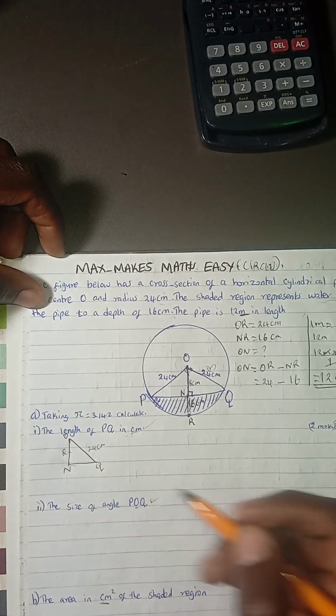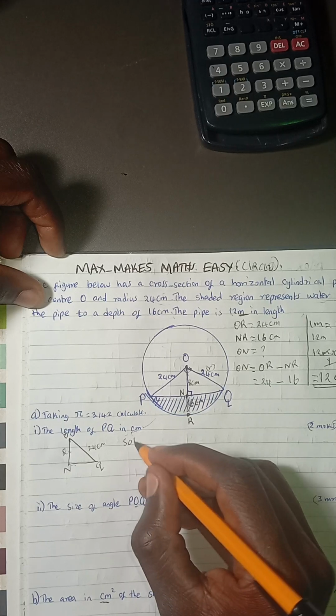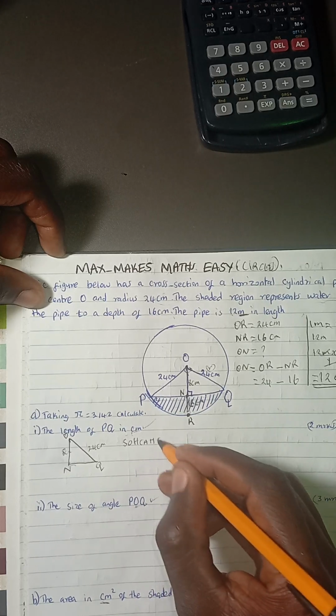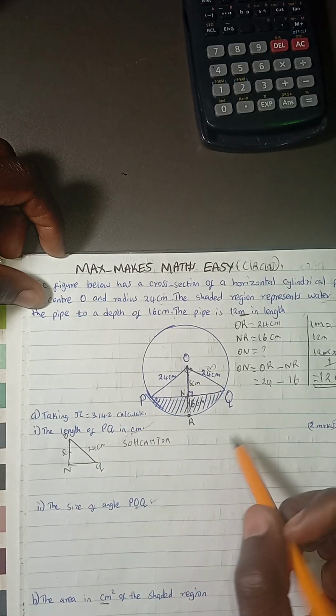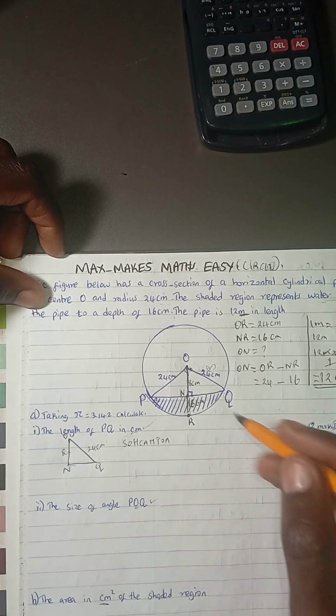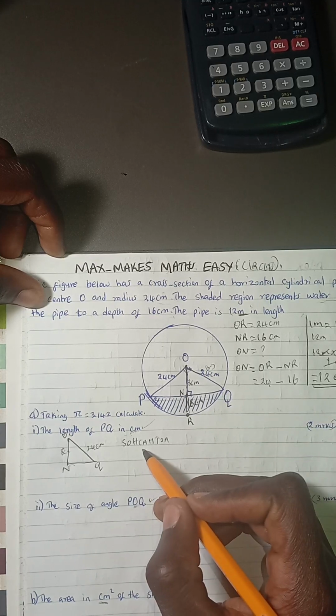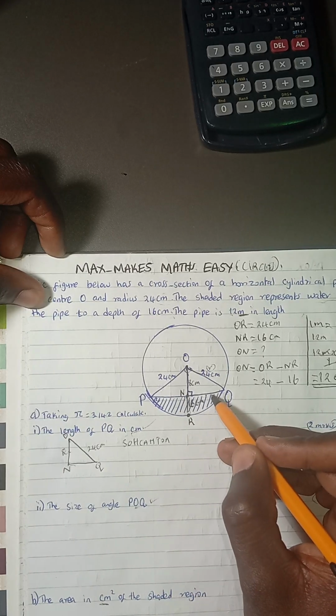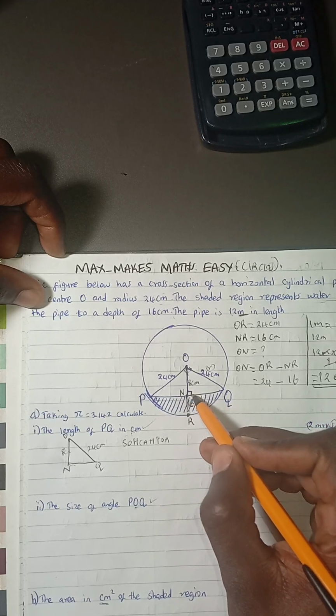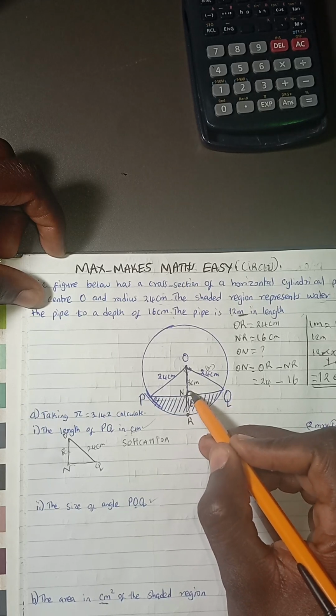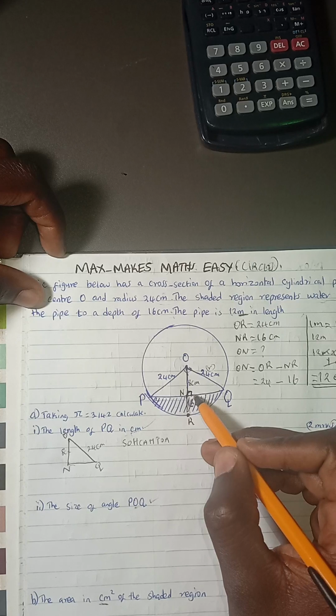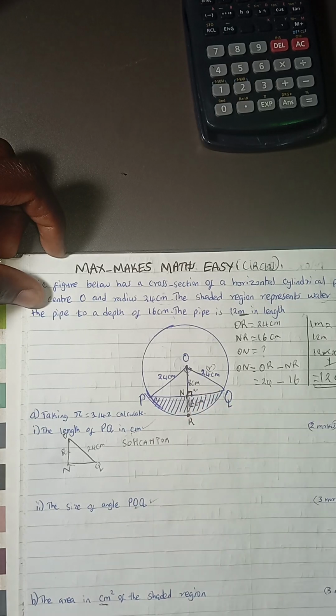So we ought to find NQ using SOHCAHTOA. We know this angle over here is 90 degrees.